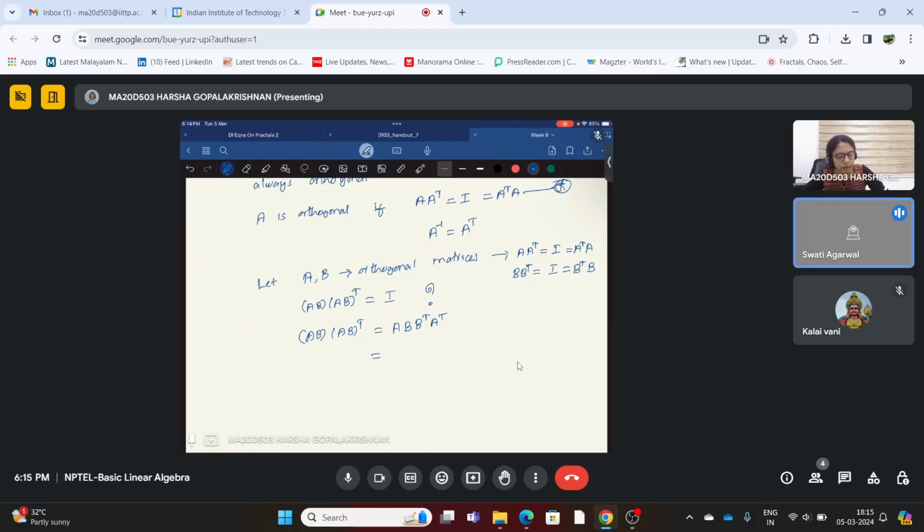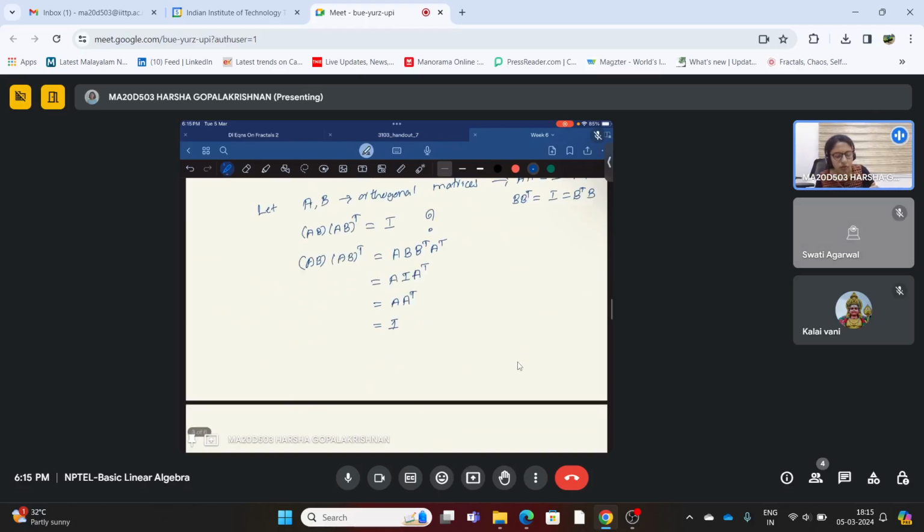Yeah, B into B transpose we can replace with I. So we are obtaining A into I into A transpose, because we replaced B B transpose with I. So this is nothing but A A transpose. Since A is orthogonal, it is again identity, correct? So what we are getting is AB into (AB) transpose is identity.